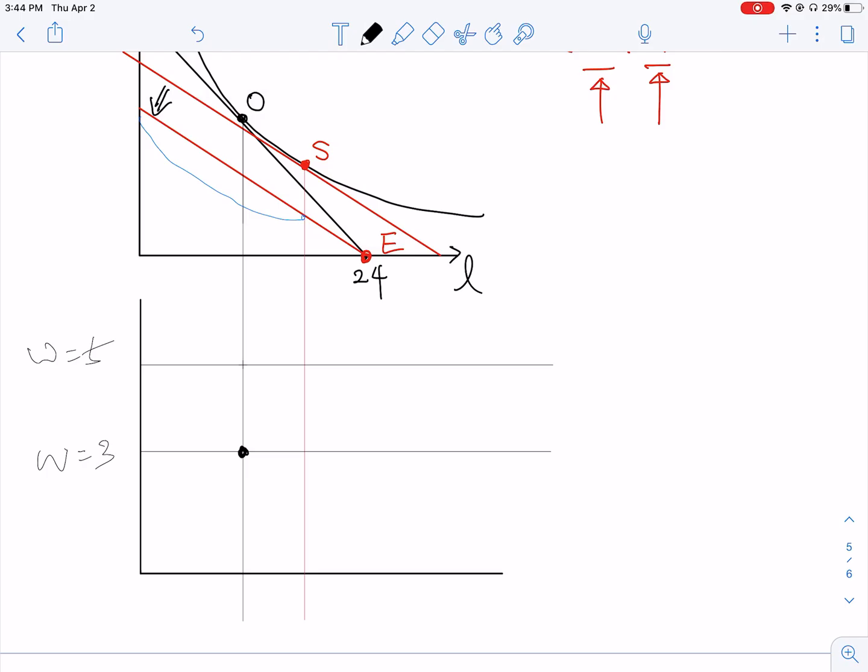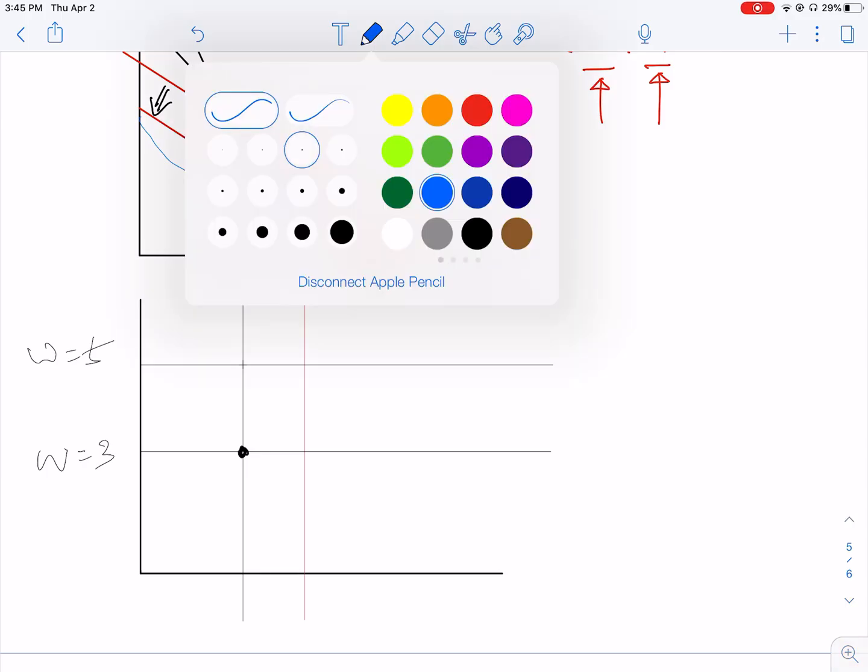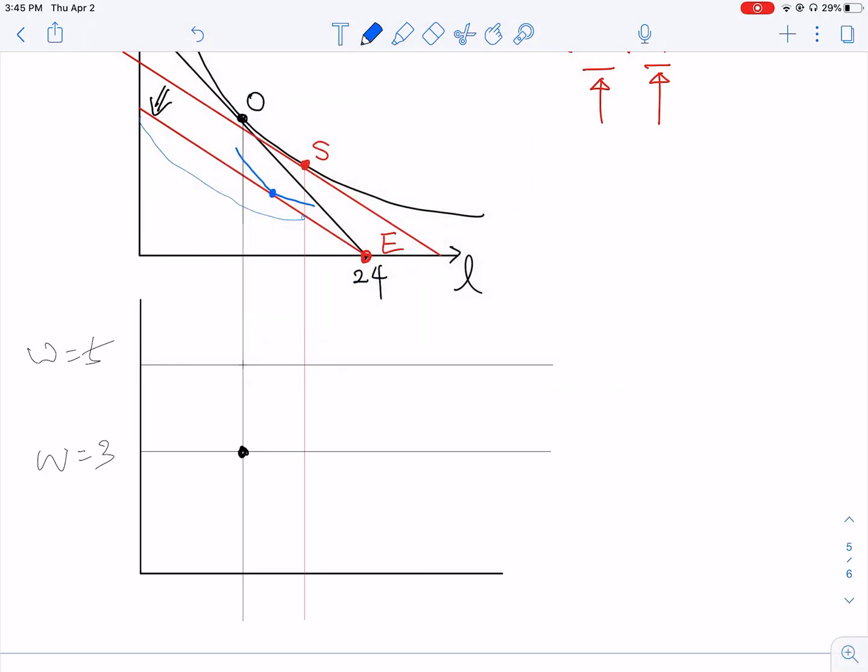Suppose the optimal decision was here. Then what happens is that your optimal decision will be here. So what happens?